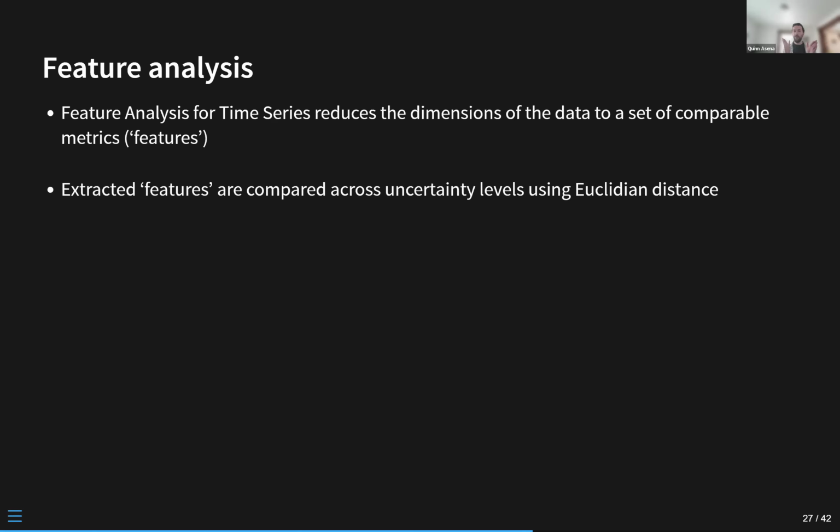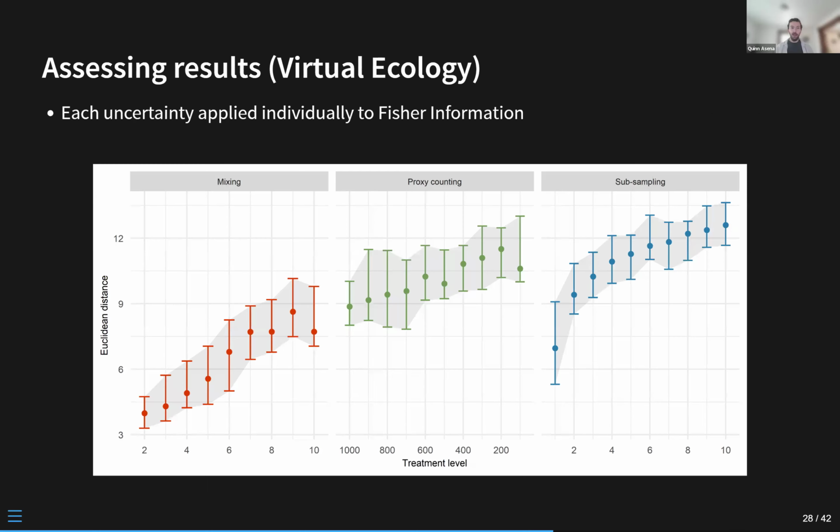And from that set of metrics, we can calculate the Euclidean distance across all the levels of uncertainty. For now, that's all I'm going to say about that. What we're actually interested in is what that means and how that affects our statistical Fisher information in this case after the analysis has been done.